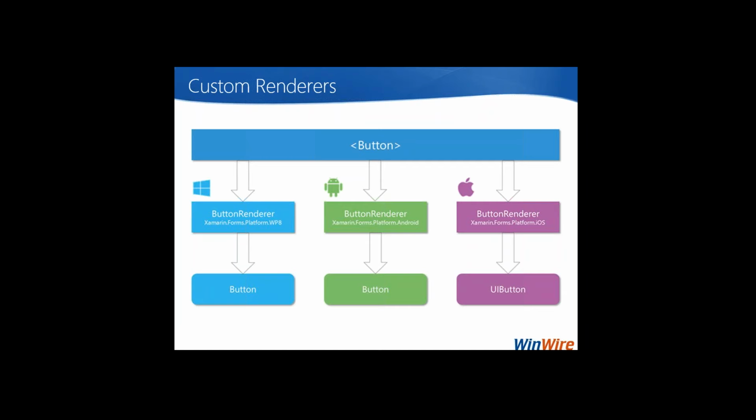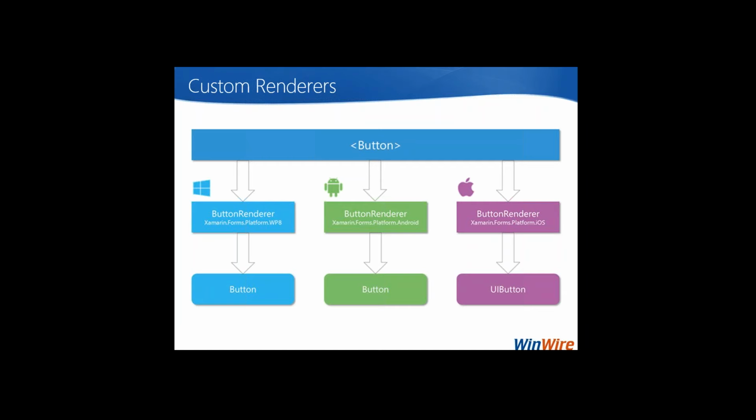If you see here at the top, you have the button class, and then it has different renderers for each platform. Now you can go ahead and write a separate implementation for each of these, for Windows, Android, and iOS. In your renderer, you can have the custom attributes that you want.